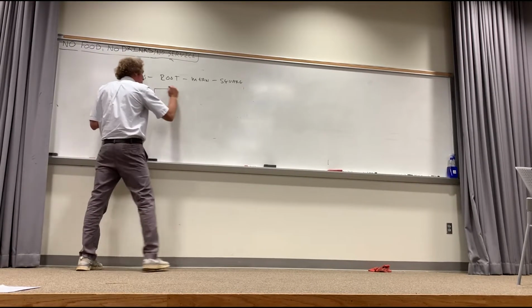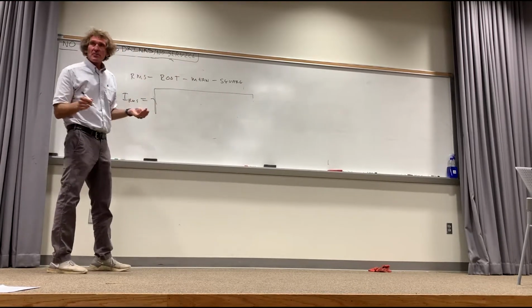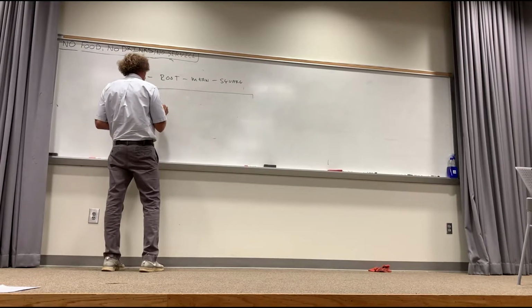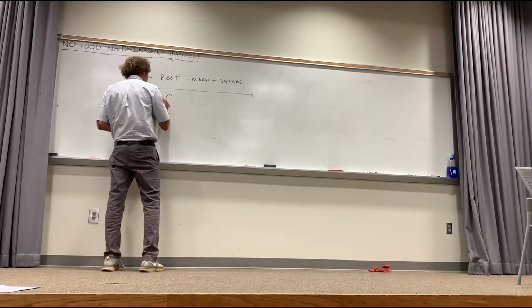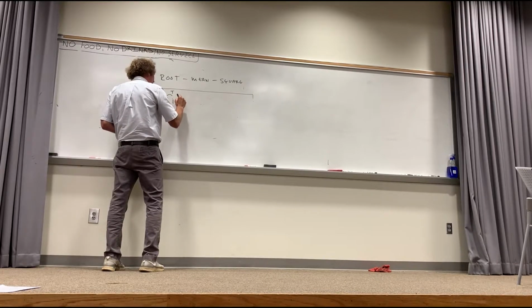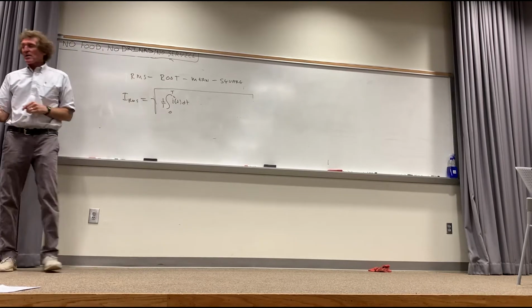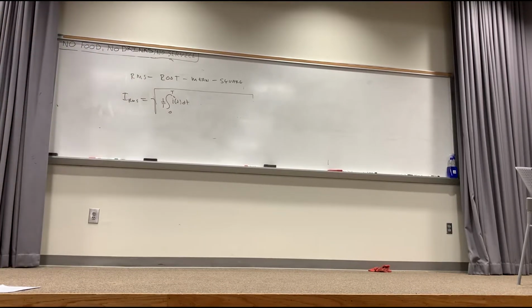I think you MEs and probably the aerospace engineers, maybe the industrials, are familiar with this, but it's common. This would be equal to the square root of the integral, 1 over T from 0 to T, of I squared of t dt. So it's an average of the squared value and then the square root of that.